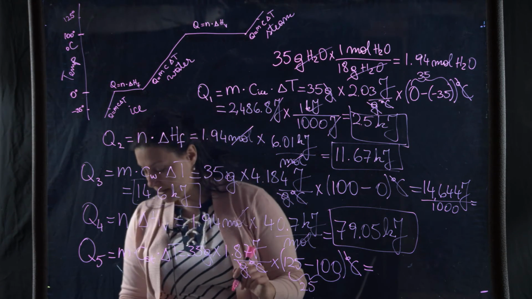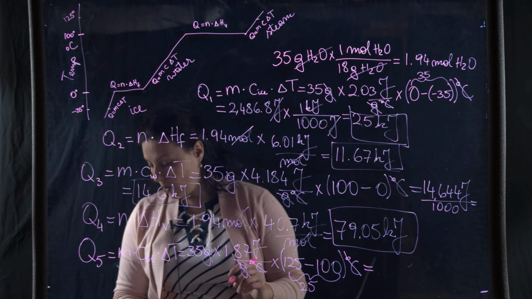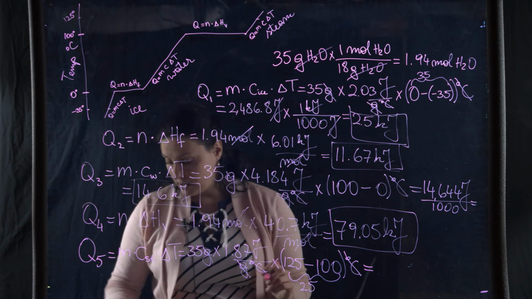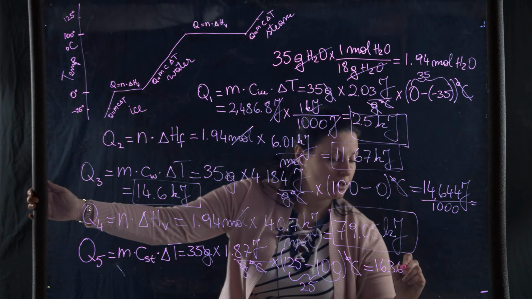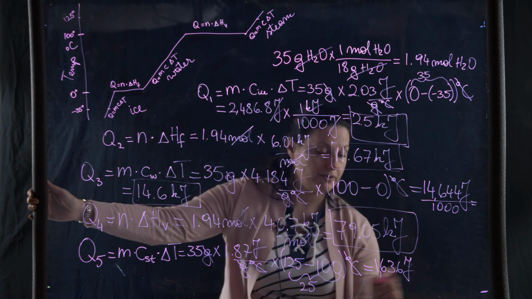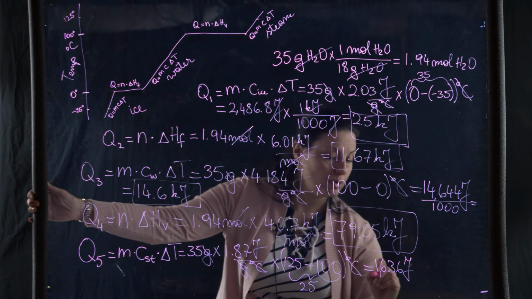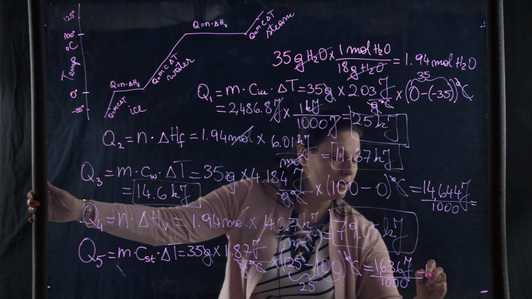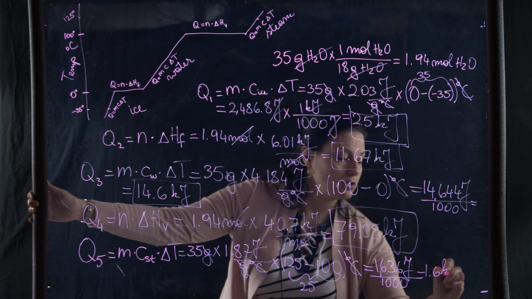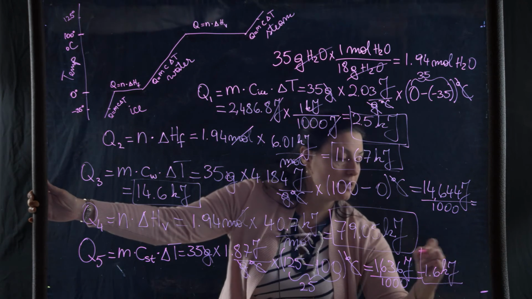If you do that math, you will get 1,636 joules. And to convert it to kilojoules, you divide it by 1,000, and that will give you 1.6 kilojoules. That is the last step.